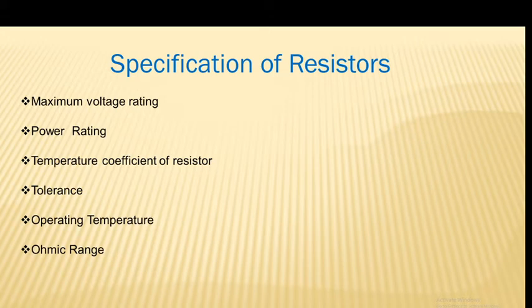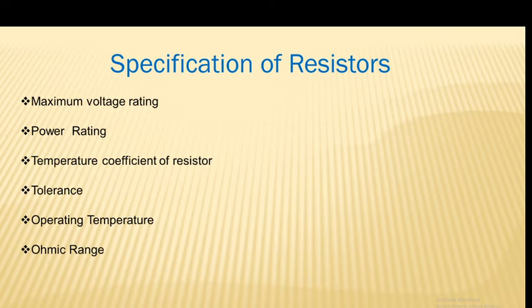Temperature coefficient of resistor is defined as ratio of change in resistance to the original defined value of resistance for the change in temperature. Temperature coefficient of resistor is expressed as parts per million per degree Celsius, that is ppm per degree centigrade.